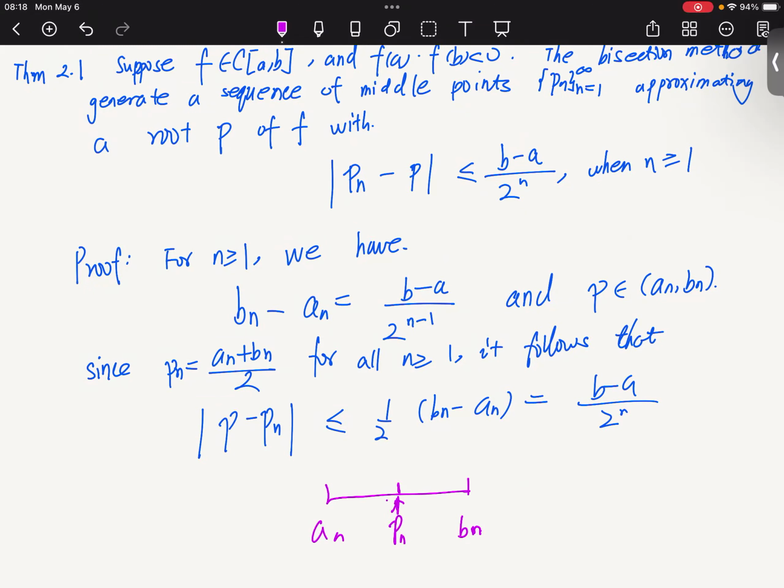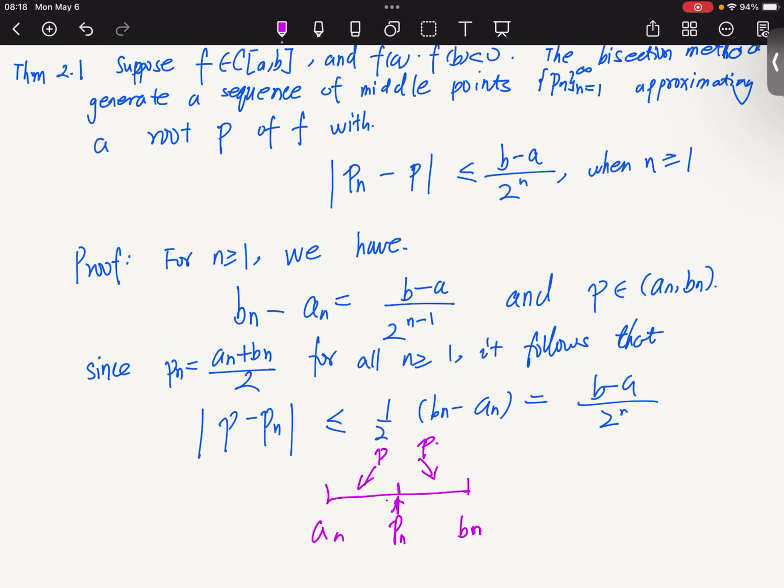And the solution is either on this subinterval, or the solution is in this interval. So the difference between the p and the pn should be less than or equal to 1/2 of this interval. Does it make sense?